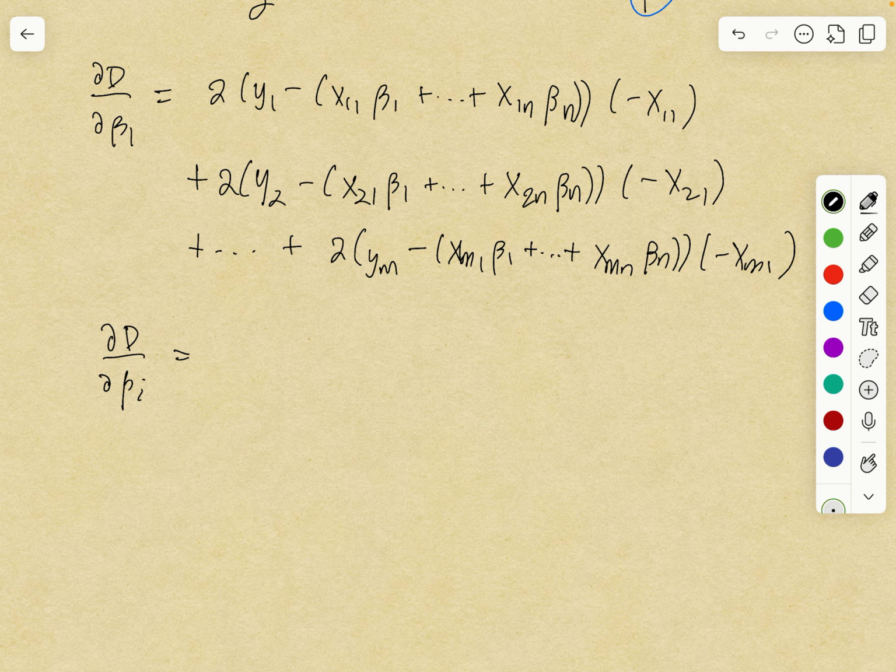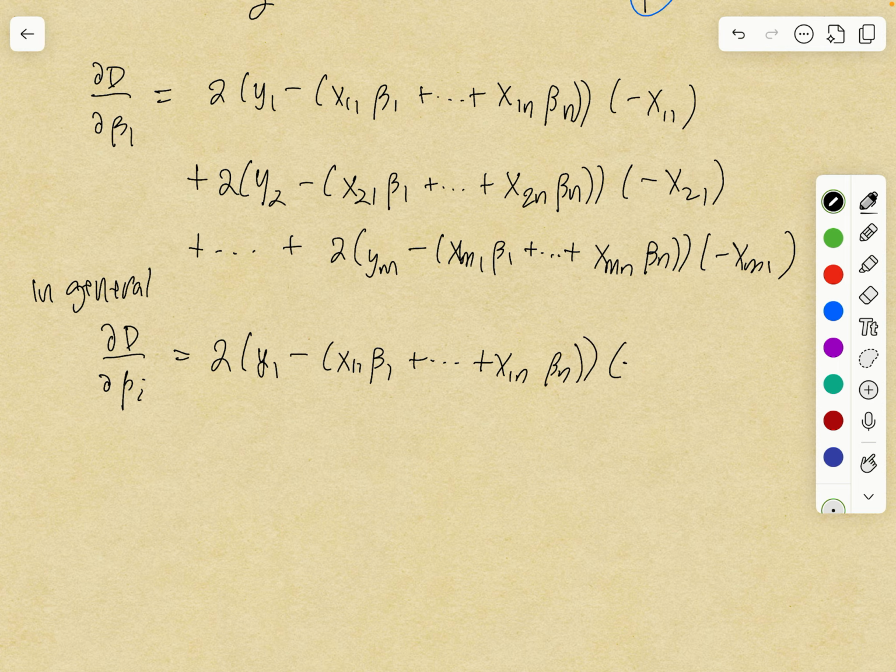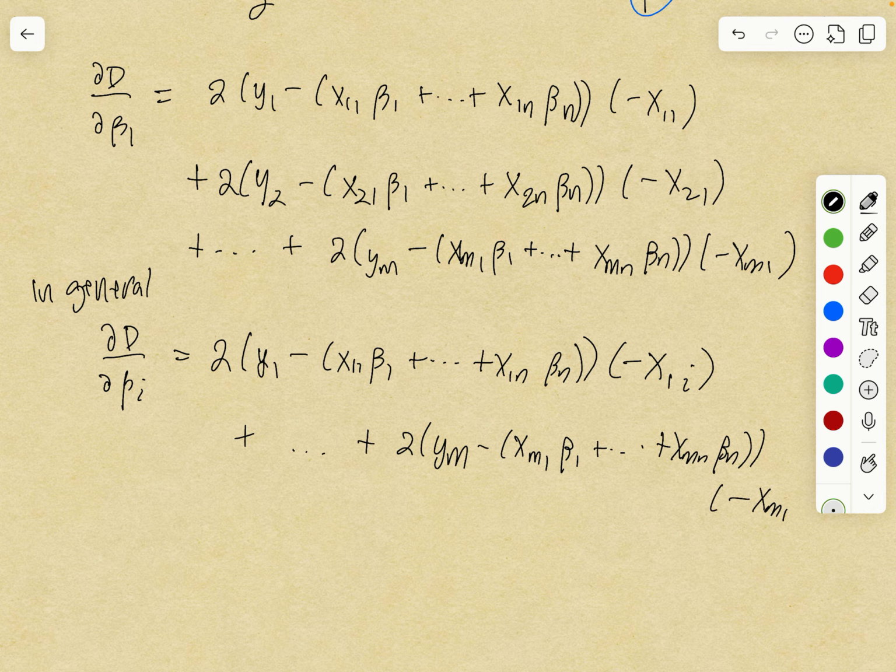So basically the ith partial derivative in general is going to be 2 times y1 minus x11 beta 1 plus dot dot dot plus x1n beta n, times negative x1i, plus dot dot dot plus 2 times ym minus xm1 beta 1 plus dot dot dot plus xmn beta n, times negative xmi.